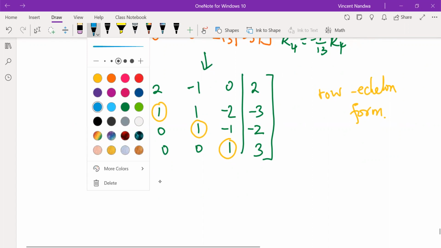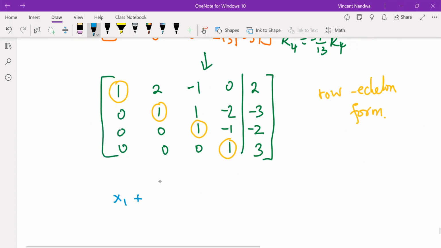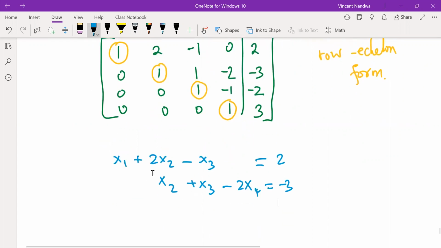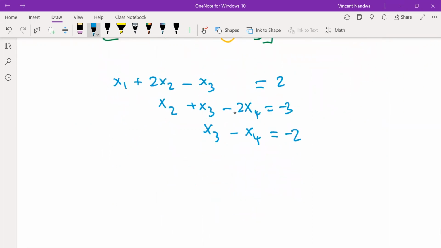So we get x1 plus 2x2 minus x3 equals 2. And then x2 plus x3 minus 2x4 equals minus 3. And x3 minus x4 equals negative 2. And lastly, x4 is 3.